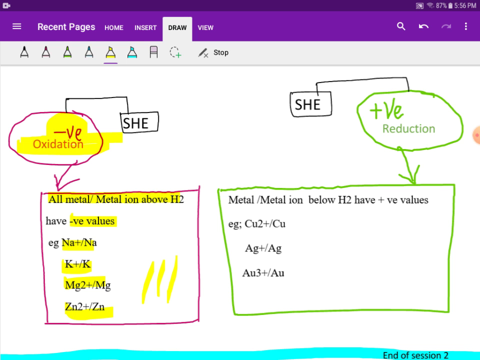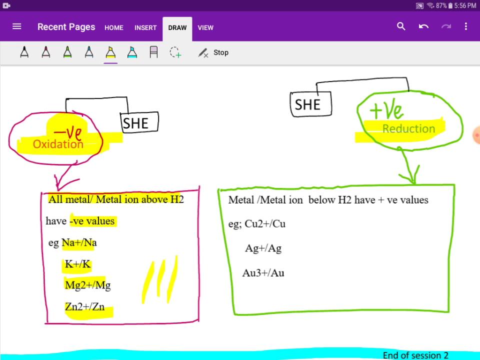But those metal ions which are less electropositive than hydrogen and less oxidizable than hydrogen, in such cases the reduction is spontaneous.